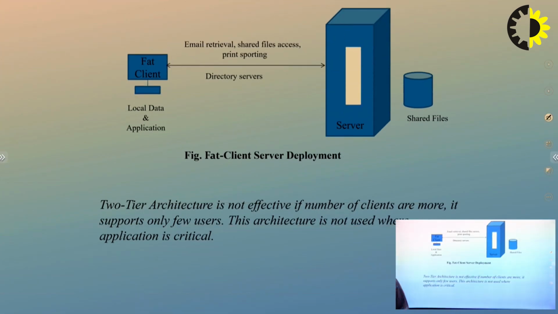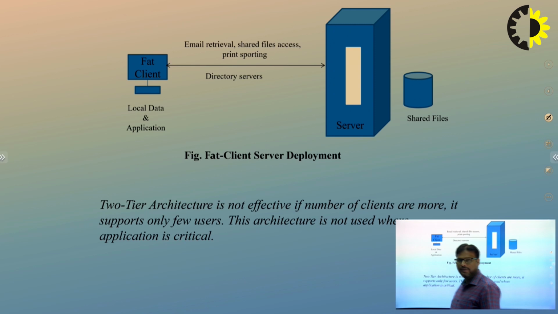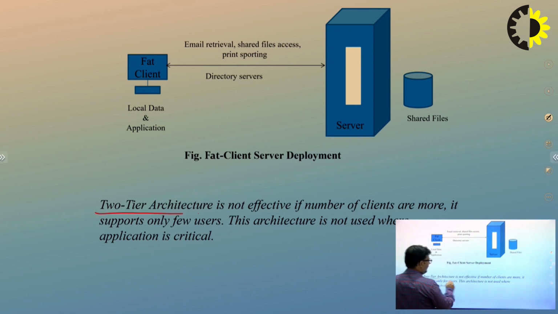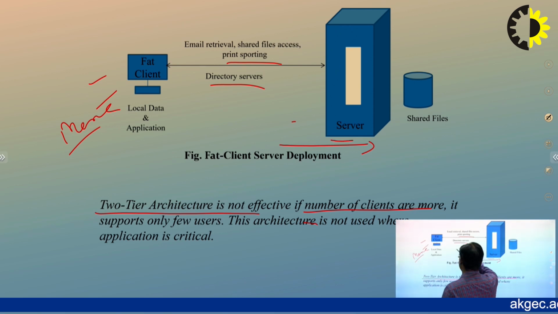Next thing, fat client server. Here, two-tier architecture is not effective if the number of clients is large. Here the client sends a request, and email retriever, shared file, process, printing, supporting, and directory servers get the information from the client.